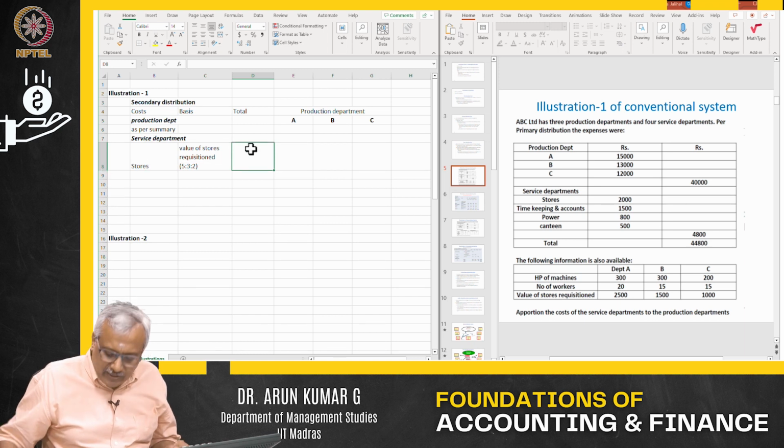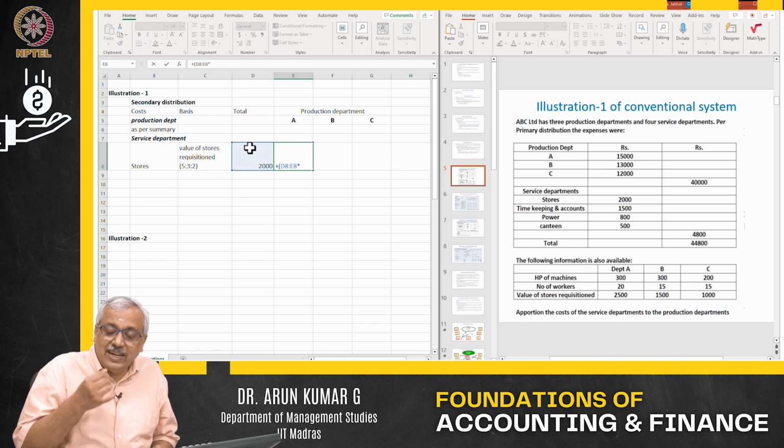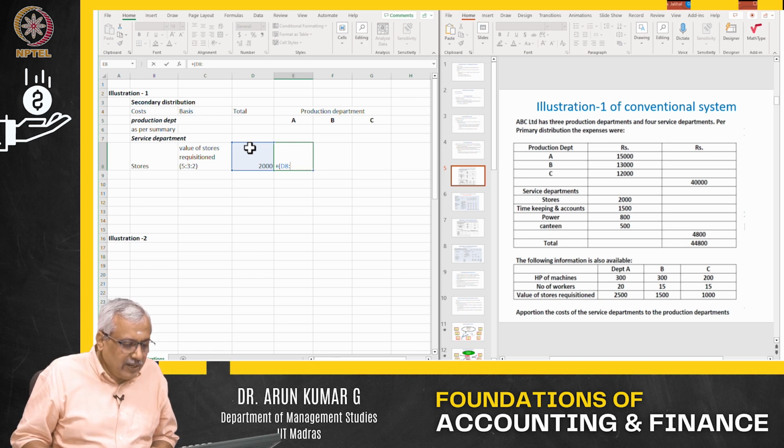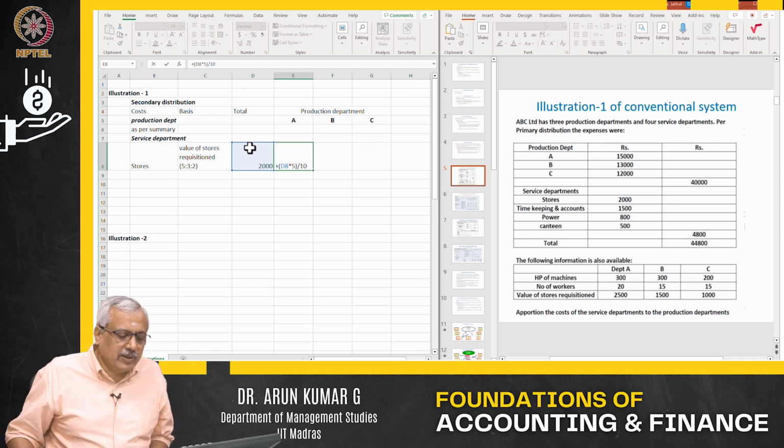The total value to be accommodated is 2000. I will take this figure into 5 plus 3 is 8, 8 plus 2 is 10, so into 5 divided by 10. That is all I am going to do.